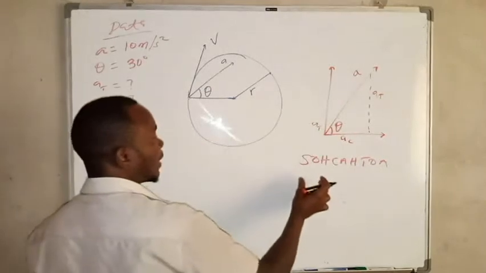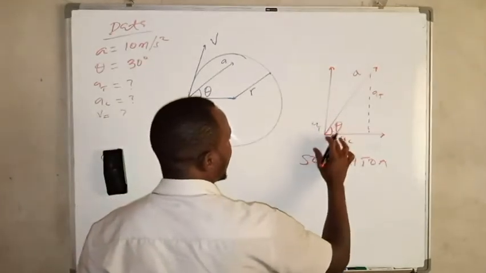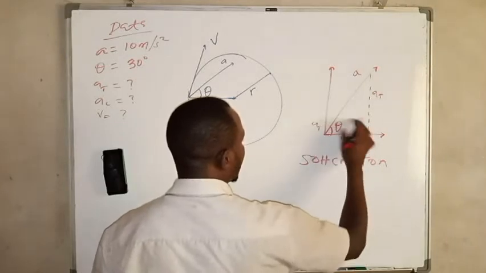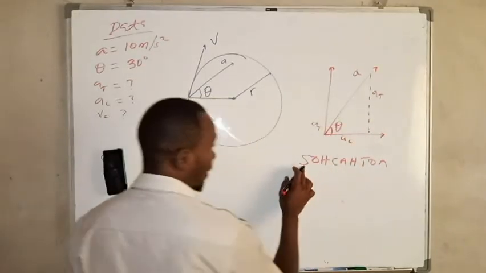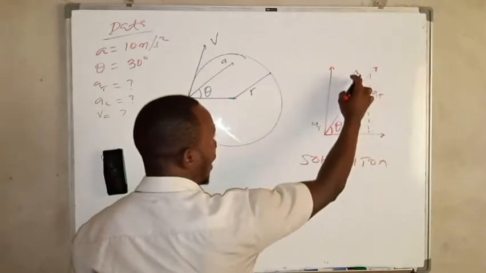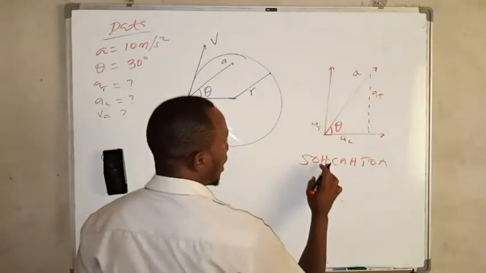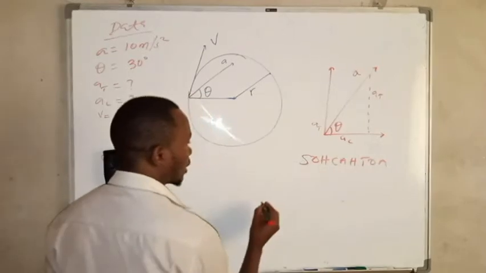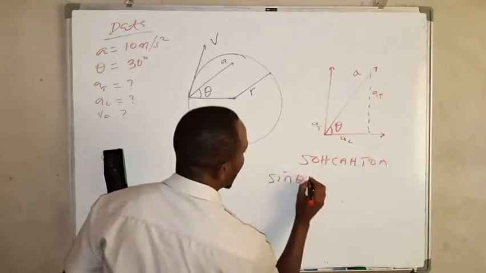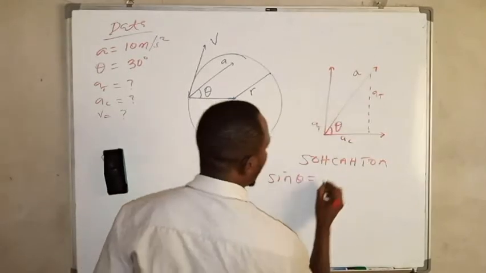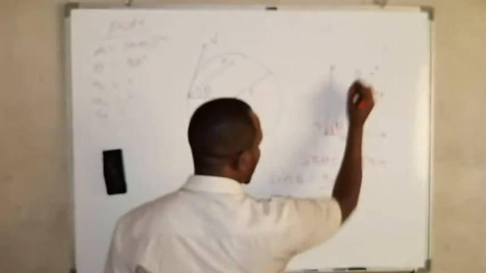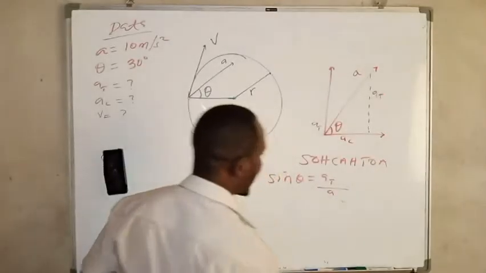So for the y component, we have sine theta. Sine is equal to opposite over hypotenuse. So this is opposite, this is hypotenuse. Sine theta is equal to the opposite, which is the tangential acceleration A_T, over the hypotenuse, which is A, the magnitude of acceleration.